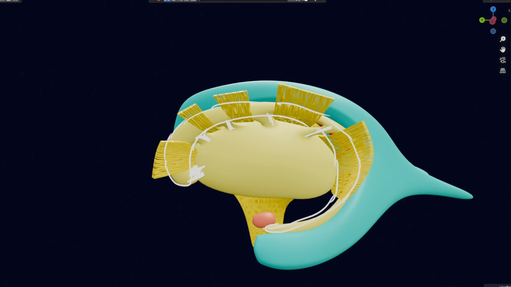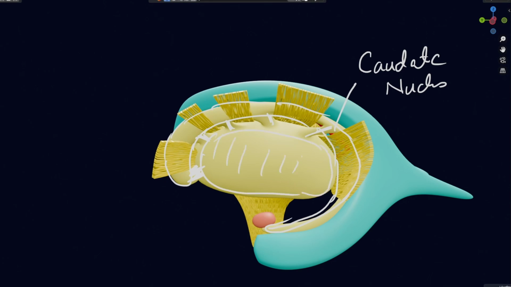This C-shaped nucleus is very logically called the caudate nucleus. And the other one, which sounds like the name of some mythological character, is called the putamen.